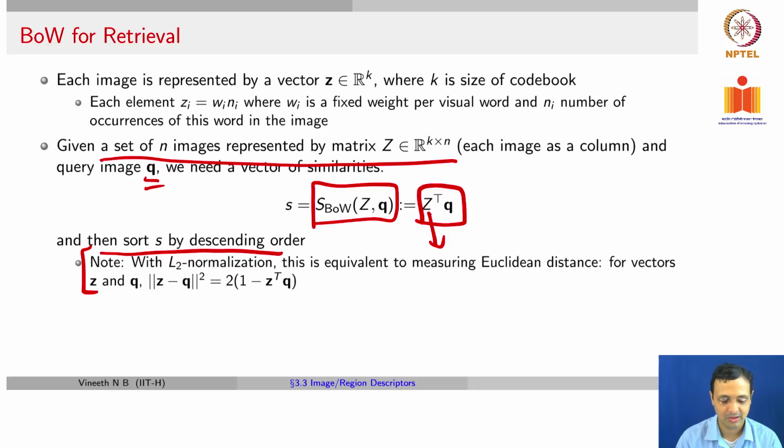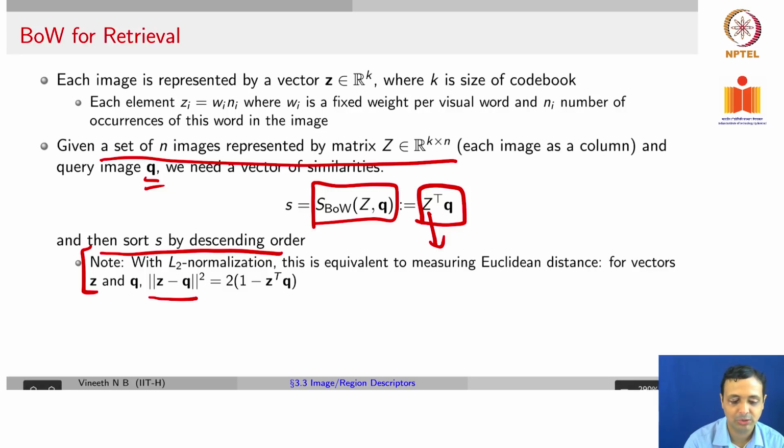Just to point out a more general observation, taking a dot product is related to measuring Euclidean distance. The similarity that you measure using a dot product, or cosine similarity, is complementary to the use of Euclidean distance. Why?